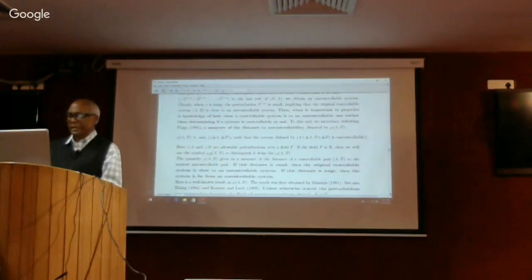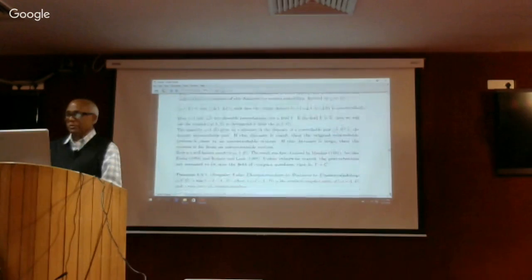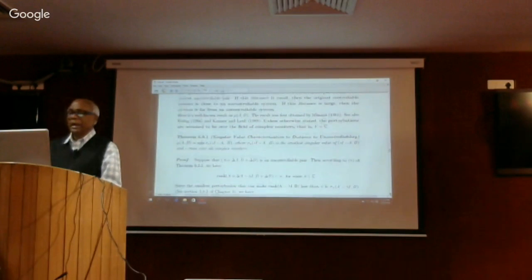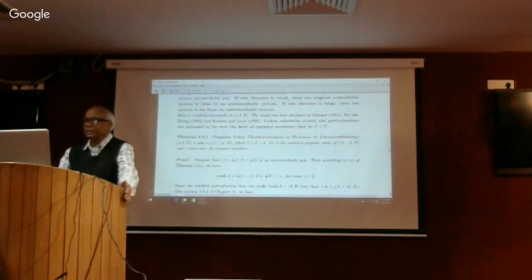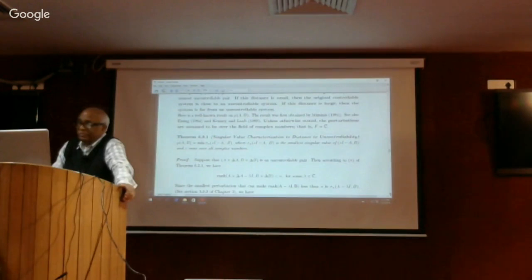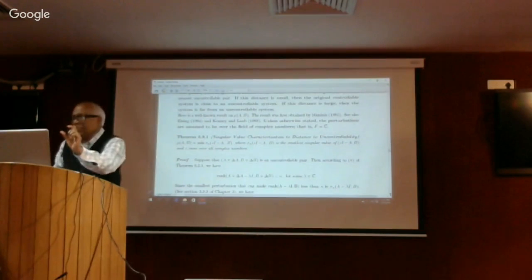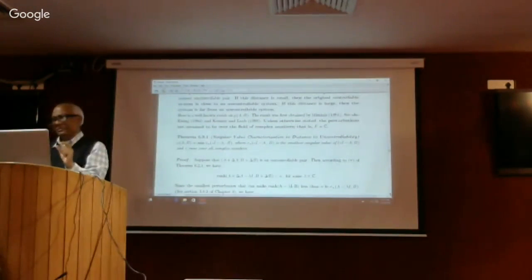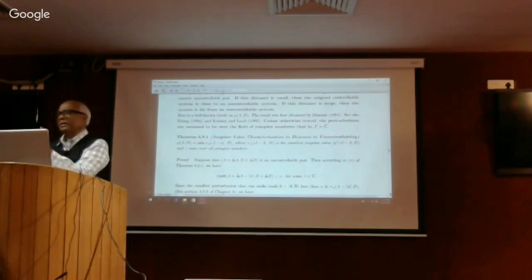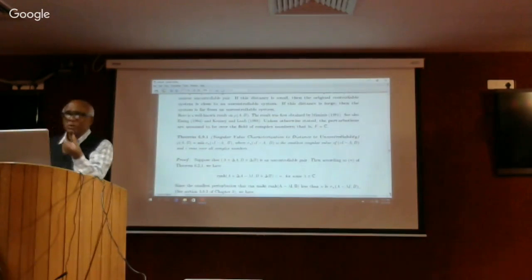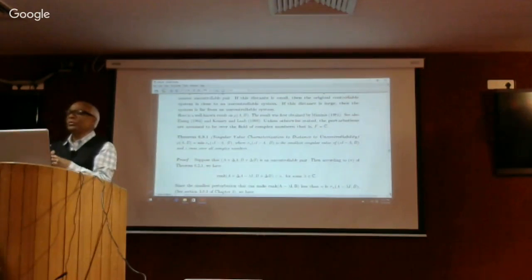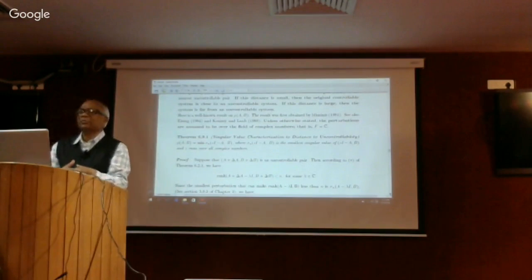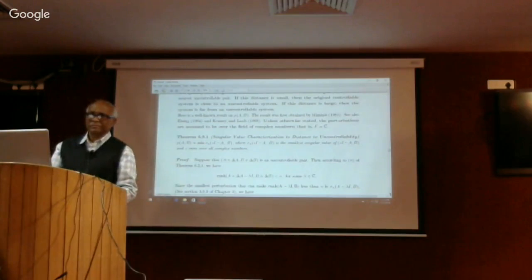Again, the number is not very easy to determine. And we can characterize the number in terms of the singular values, in terms of the smallest singular value. Because remember, the smallest singular value is the one that measures how close a full rank matrix is to a rank deficient matrix. Okay. So again, the same idea here.